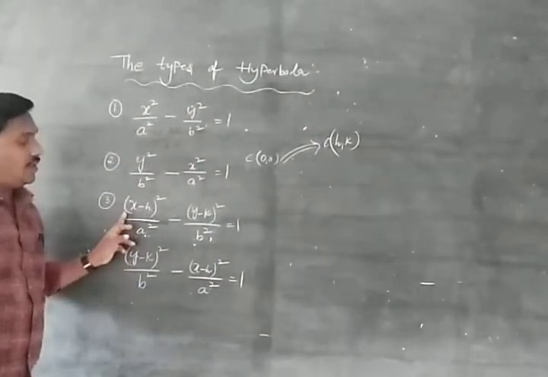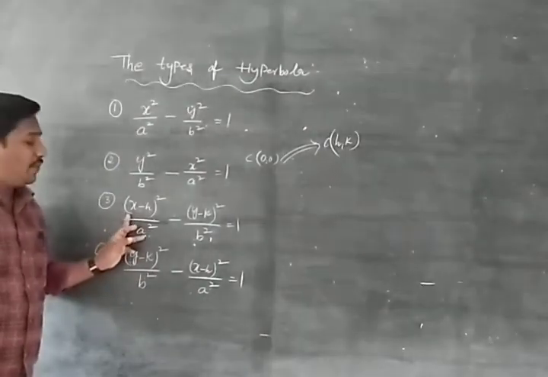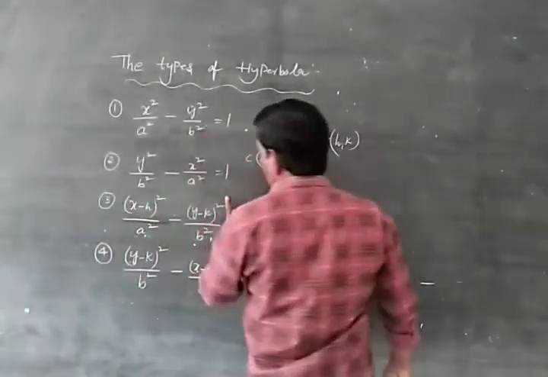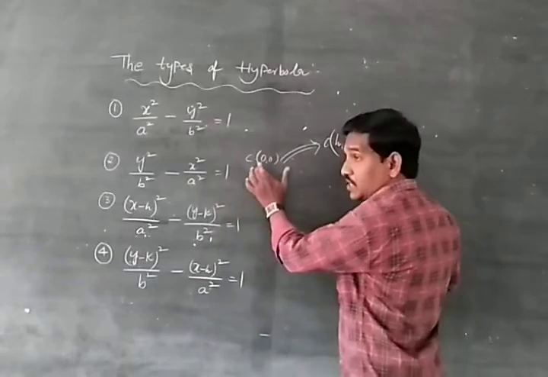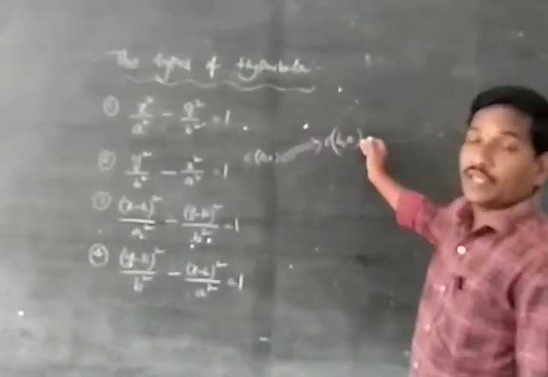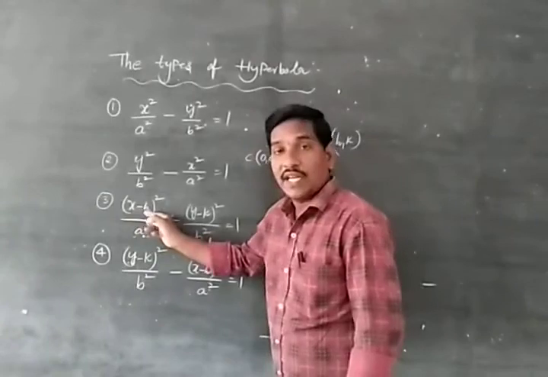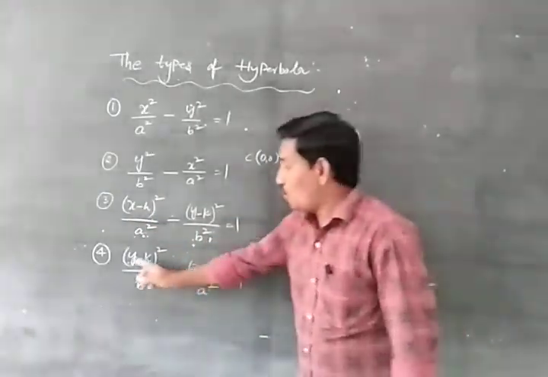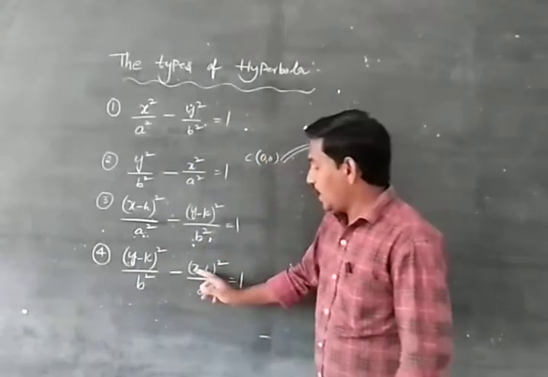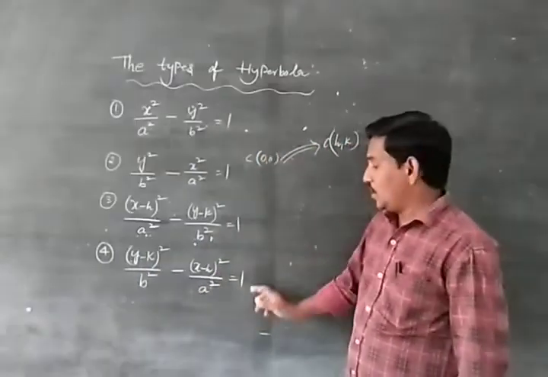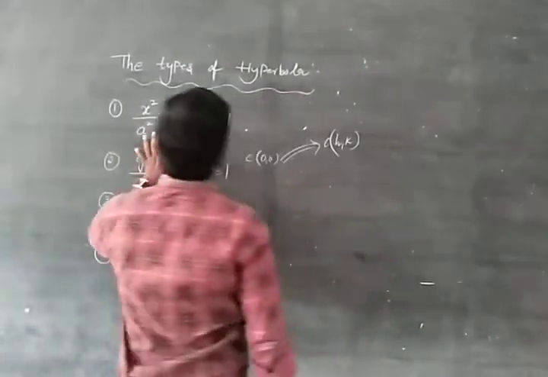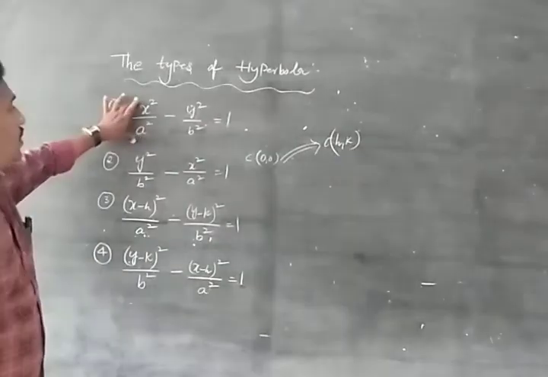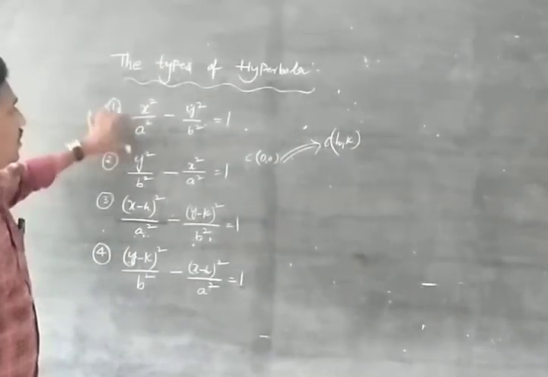The center 0, 0 shifted to h, k gives the form x minus h whole square by a square minus y minus k whole square by b square equal to 1. Then y minus k whole square by b square minus x minus h whole square by a square equal to 1. So these are the types of hyperbola, and we have to draw the physical diagrams of each hyperbola.